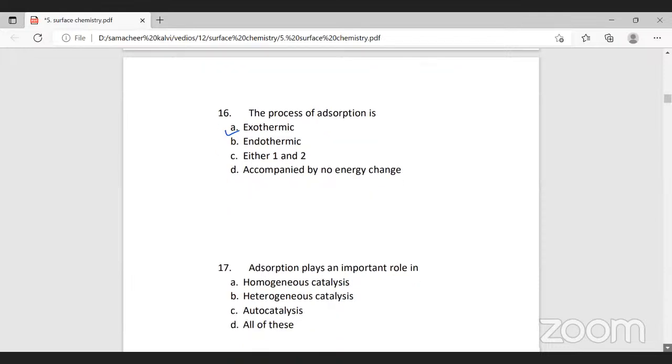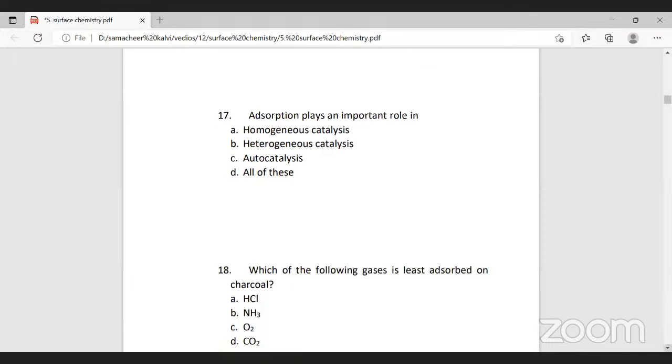The next question. Adsorption plays an important role in homogeneous catalysis, heterogeneous catalysis, autocatalysis, all of these. So adsorption plays an important role in heterogeneous catalysis. We have a next topic to be learned after adsorption, that is catalysis. We will learn in catalysis the different types of catalysis. And now you have to remember heterogeneous catalysis. What is heterogeneous catalysis? Now, an example is this.